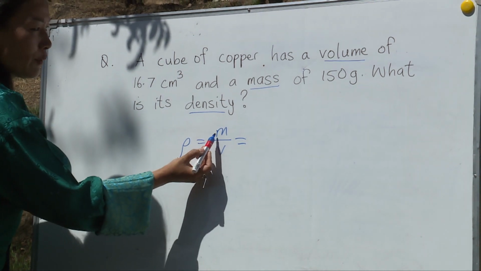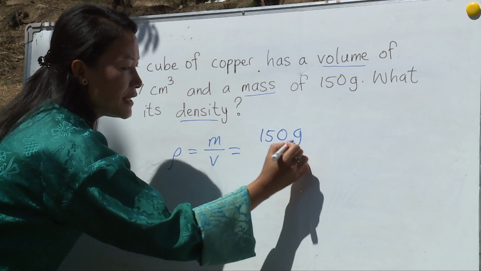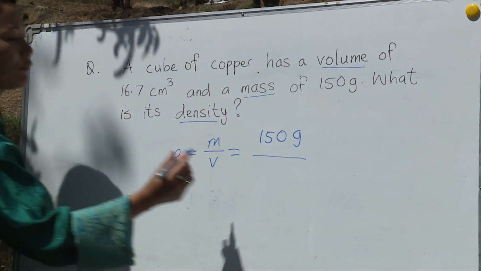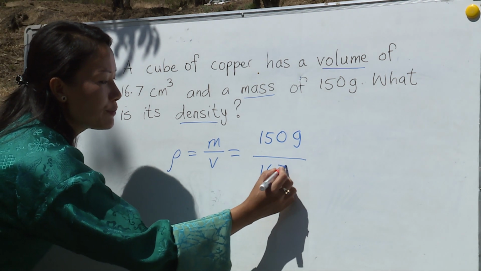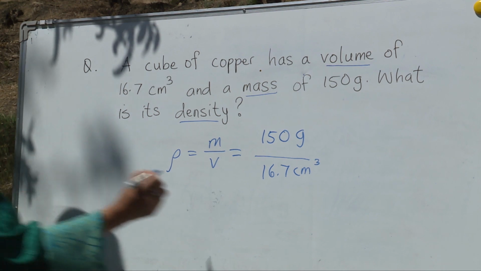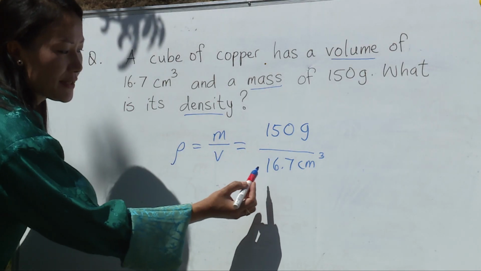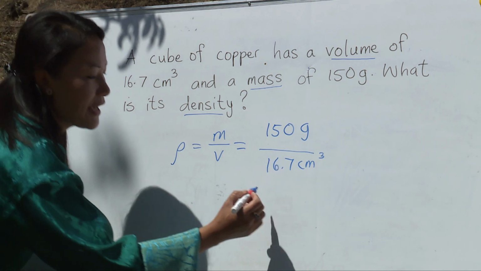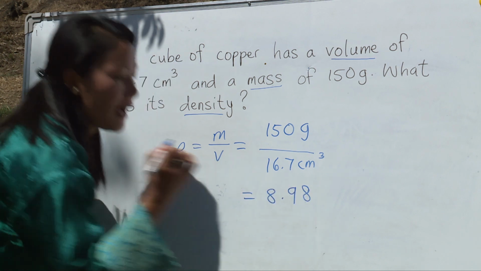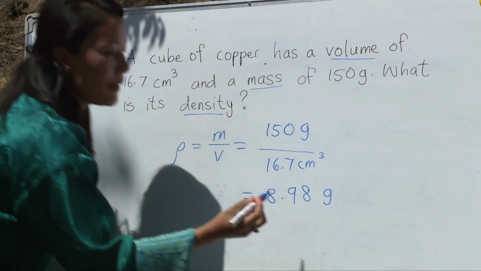What is the value for mass? Mass is 150 gram. And what is the volume? The volume is 16.7 cubic centimeter. So 150 divided by 16.7 will give you the answer as 8.98 gram.